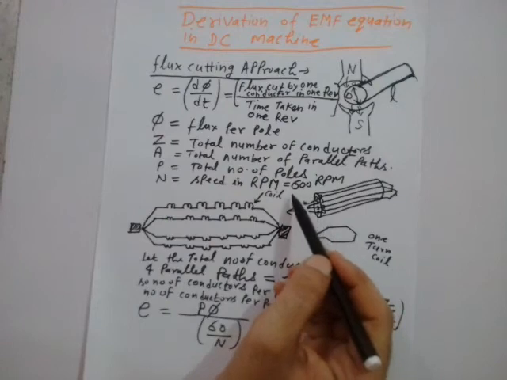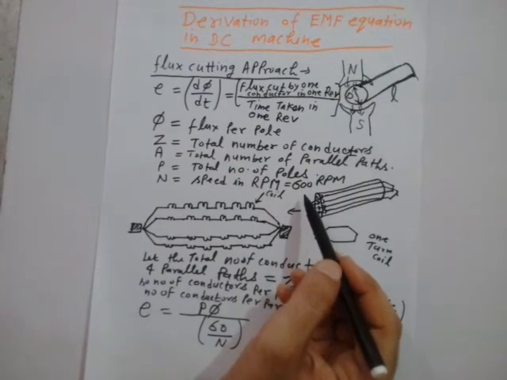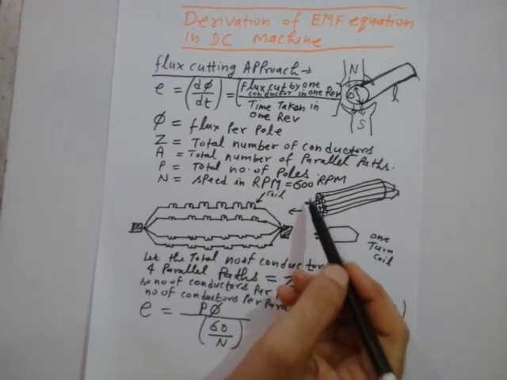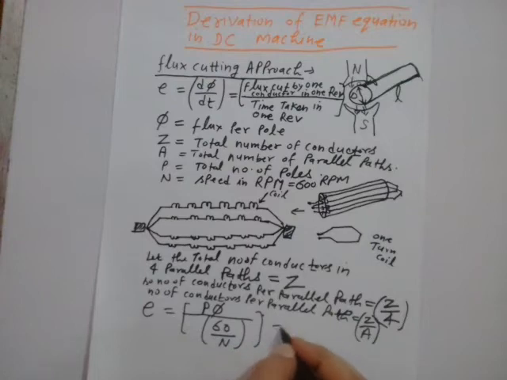Similarly, if the speed is n rpm, then the time taken in one revolution is definitely 60 by n, right? So this is the induced EMF, right? So here you can further simplify: P phi n by 60.